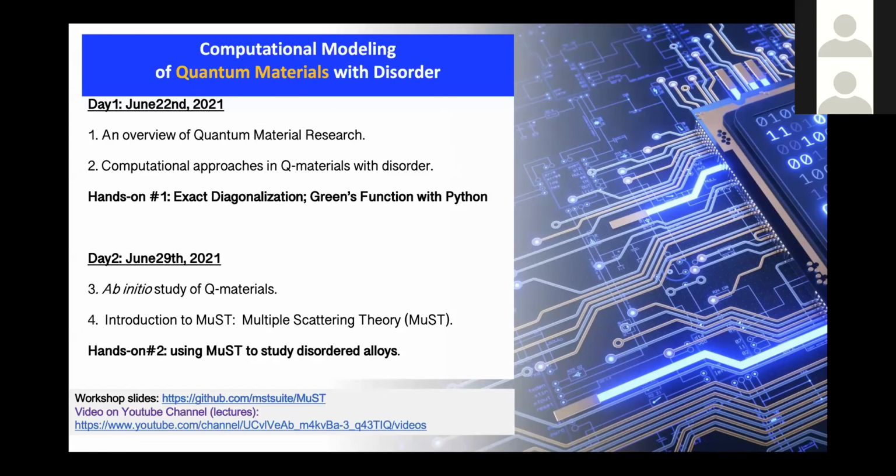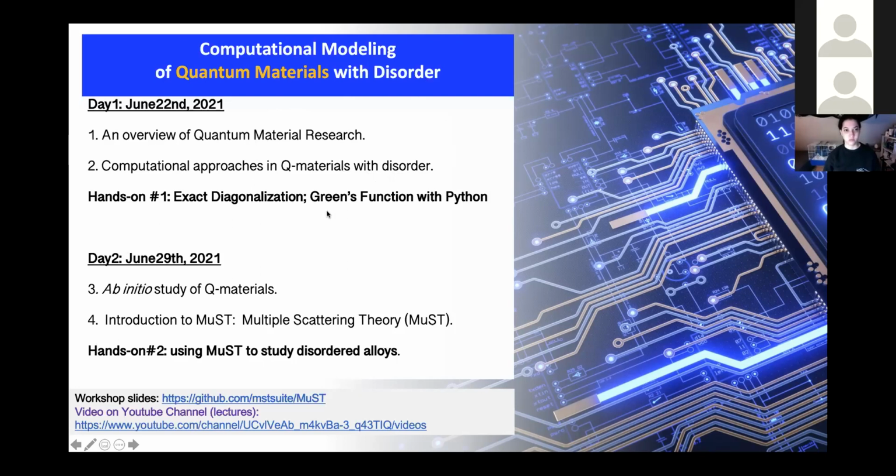Today, on day one, we'll start with an overview of what quantum materials are and what quantum research is. I hope you will get some ideas on where to pursue your PhD. And we will have an overview of various computational approaches used to study quantum materials, with a focus on materials with disorder.